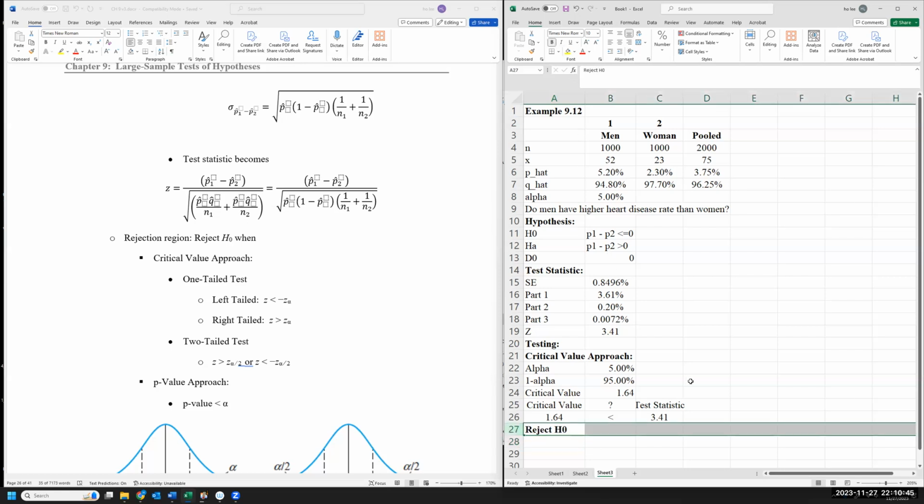Well, let's do this test again with the p-value approach. Let's practice doing it both ways, even though in real life you'll only do it one way. Here we have to calculate the p-value using the test statistic and compare it with the alpha of 5%.